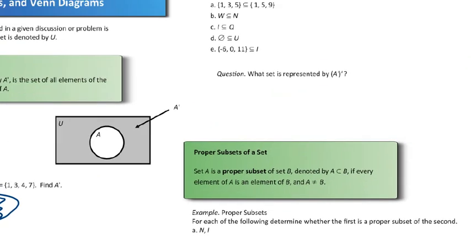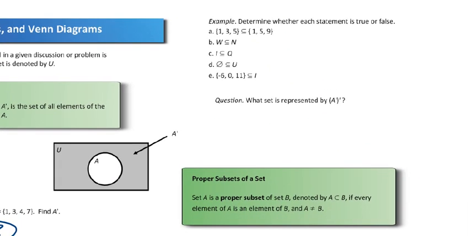So here, it just wants us to determine if each of these is a true or false statement. Is {1, 3, 5} a subset of {1, 5, 9}? Well, since 3 is here, but it's not in this one, that would be false. This one says the whole numbers are a subset of the natural numbers.